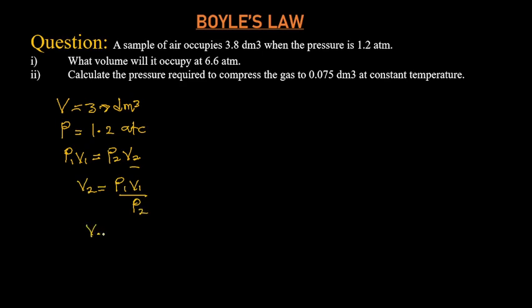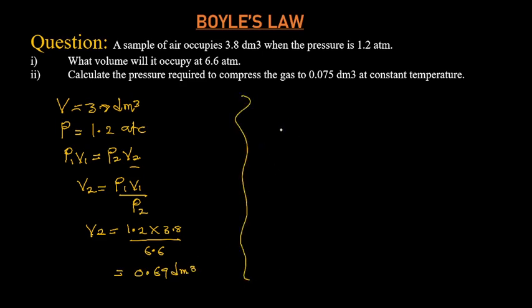So V2 will be equal to 1.2 times the volume V1, which is 3.8, and then we divide through by P2, which is 6.6. When we punch this, we are going to have 0.69 dm cube.